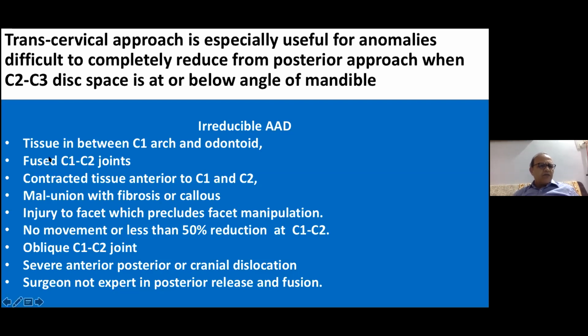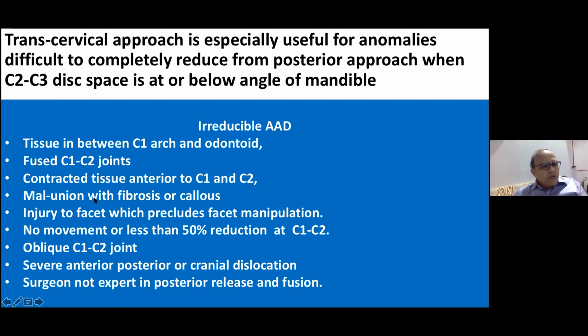If there is a fused C1, C2 joint also, then complete reduction is not possible. At times, because of the chronic pathology, there is a very thick contracted tissue anterior to C1, C2, which causes difficulty in reduction.